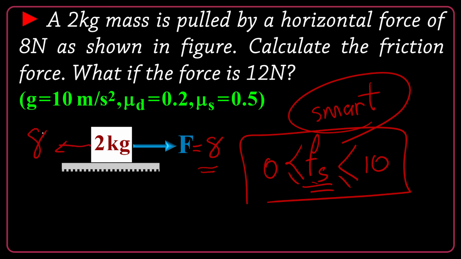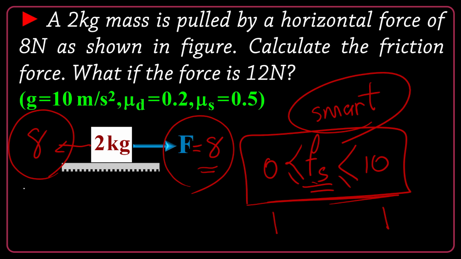Why more? Because it's sufficient to hold you, and a static friction has a mission of holding the object at rest. More than 8, it will accelerate leftward. It's impossible. And less than 8, it will move. So for Fs between 0 and 10, the pulling force of 8 will create a static friction of exactly 8. Not more, not less.